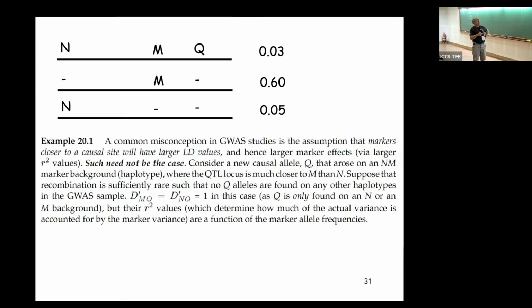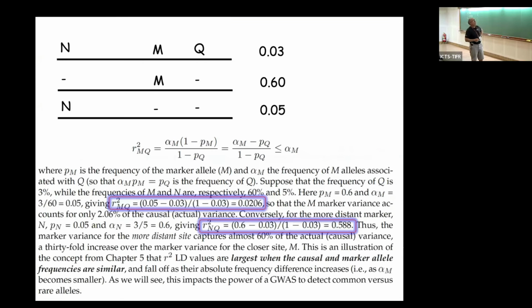But let's look at the R squared. When you work out those R squared calculations, the R squared between big M and big Q, the closest sites, is 2%. The R squared between N and Q is 0.6%. So this one is right next door, but it gets a smaller R squared. Why? Allele frequency mismatch, right? That's 5%, that's 3%.